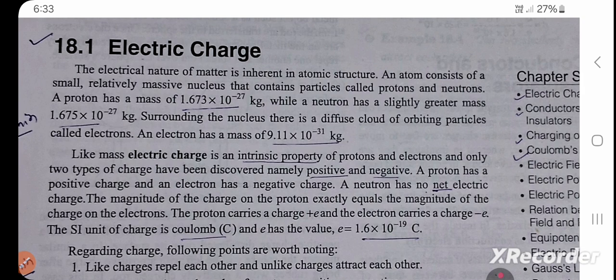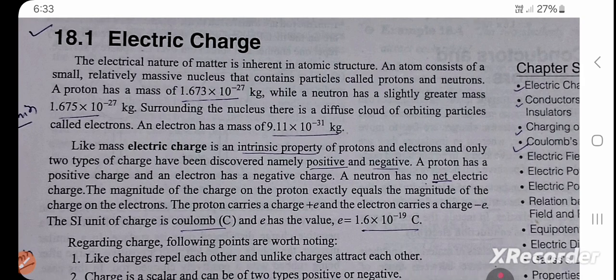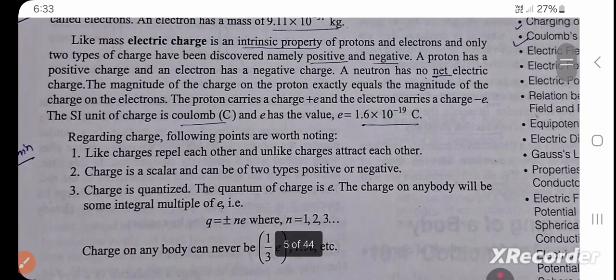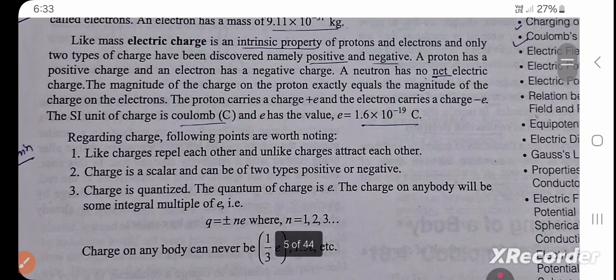Like mass, electric charge is an intrinsic property. It is a fundamental property of protons and electrons, and only two types of charge have been discovered, namely positive and negative charge.